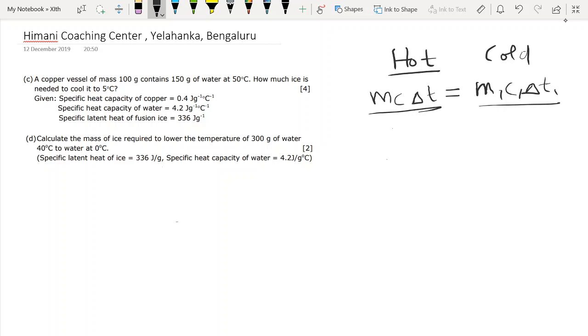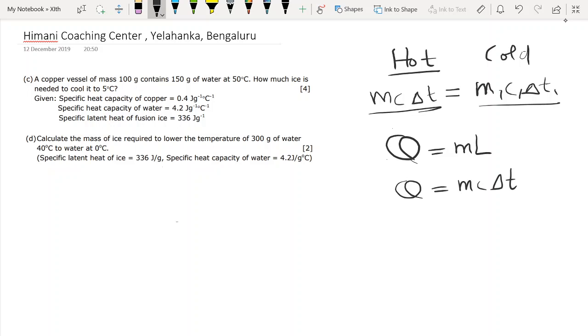Now whenever there is change of phase, the heat required for change of phase Q is given by mL. Whenever there is an increase in temperature for the same solid or liquid, heat is given by Q equals mc delta T. These are the things which we have to understand.